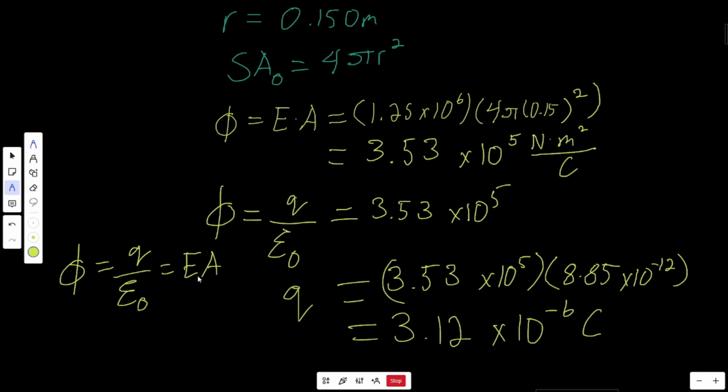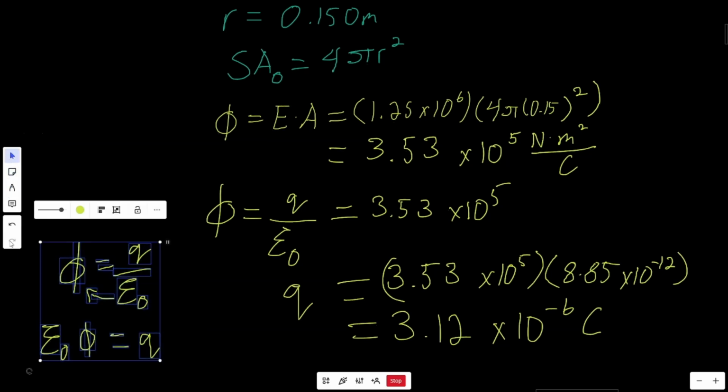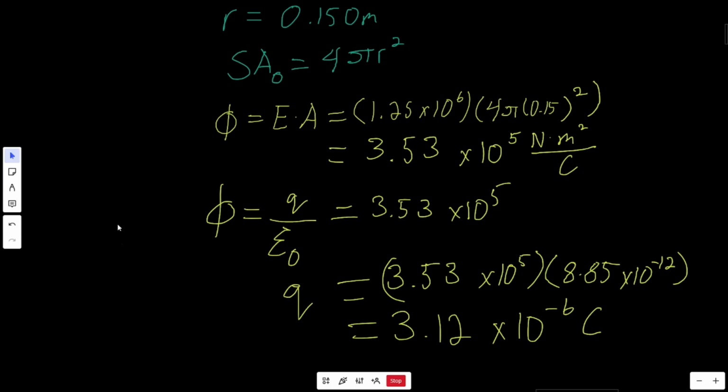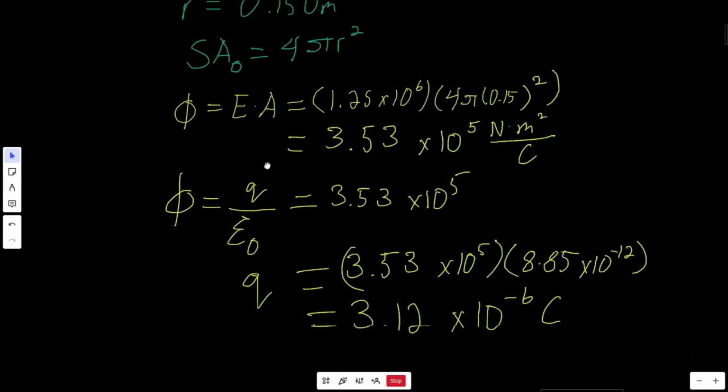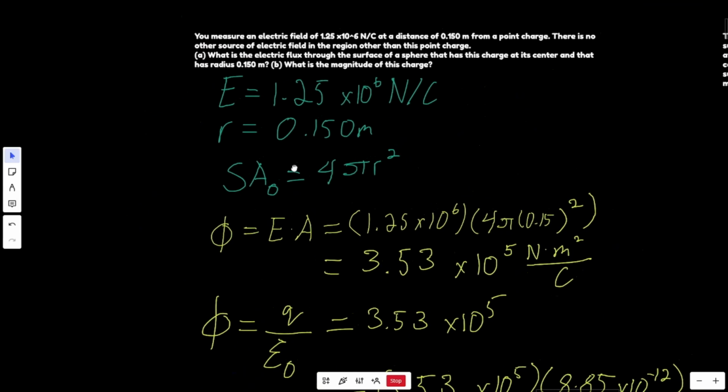Since we know what this is, we can just remove this side and we're going to multiply epsilon naught to our flux. That's how we get our charge. So I hope that made sense. If you need to redo it, feel free to replay the problem so that you guys can get it. But that's basically it. And yeah, so now let's try another question.